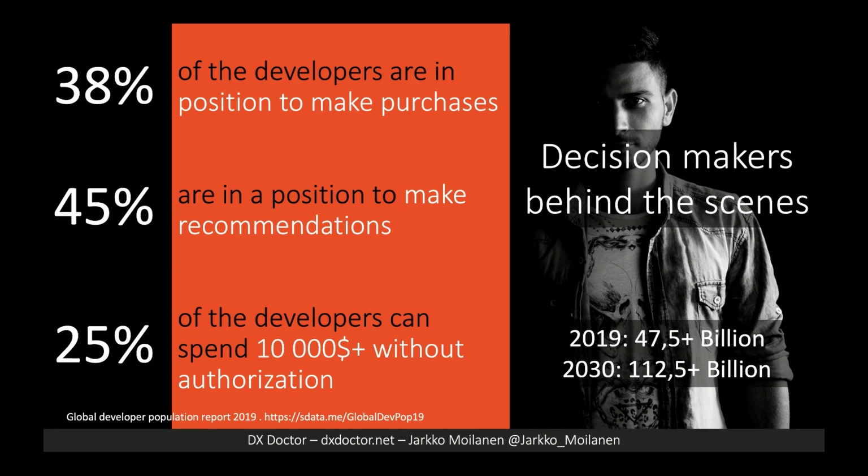Often the CTO is asked for an opinion of the platform, and if they don't agree with the business decision makers, then they will not do the deal with us either. So technical people are heavily influencing the decision making now. And 25% of the developers can spend $10,000 or even more without any kind of authorization, any questions from anyone, just to make the deal.